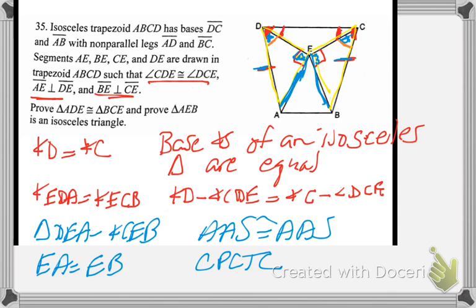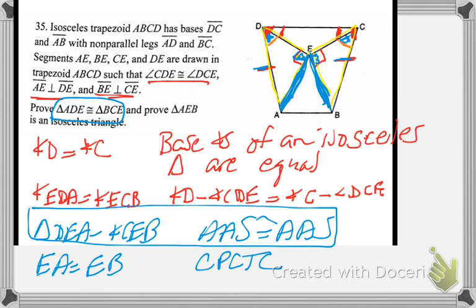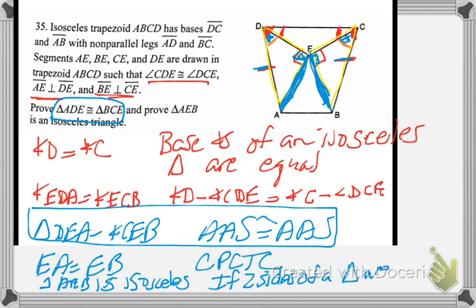Well, if you look at this triangle now, AEB, if these two sides are equal, then isn't AEB an isosceles triangle? So first we were supposed to prove that the two triangles are equal, and we did that over here. And next we're going to say that triangle AEB is isosceles. And the reason for that is if two sides of a triangle are equal, I'm going to make a little star and move up here because I have no more room.